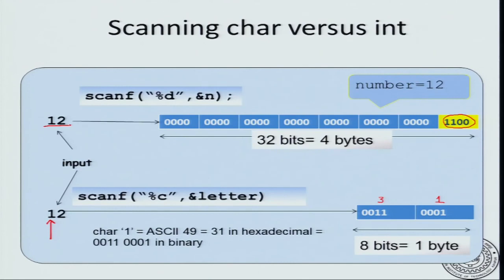When you scan it using a number, this entire thing will be scanned, converted into binary, and stored in an integer variable. When you scan it as a letter, it will scan the first digit only, because that is the character, and then store the ASCII value inside the character variable. So this corresponds to the letter variable holding 1 within single quotes, the character constant 1.